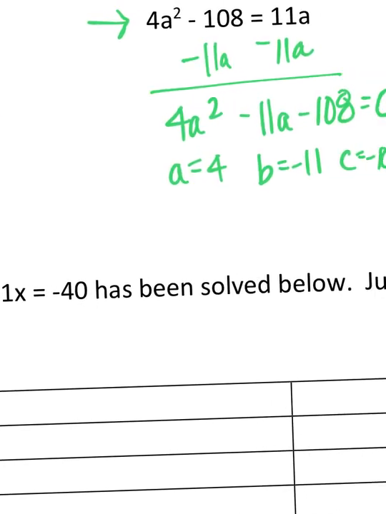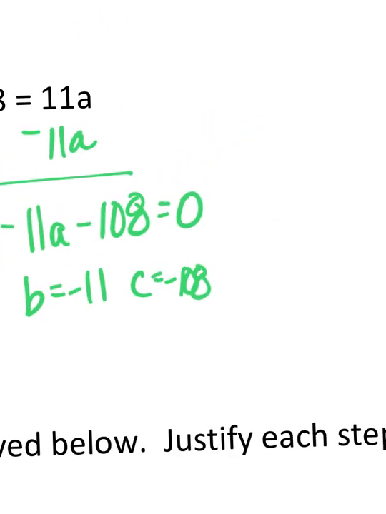And we'll go ahead, see if I can find some space, and we're going to substitute in. So x equals the opposite of b, that would be a positive 11, plus or minus the square root of b squared, so we're going to put that negative 11 in parentheses and square it, minus 4 times a, which is 4, times c, which is negative 108, all over 2 times a, which is 4.